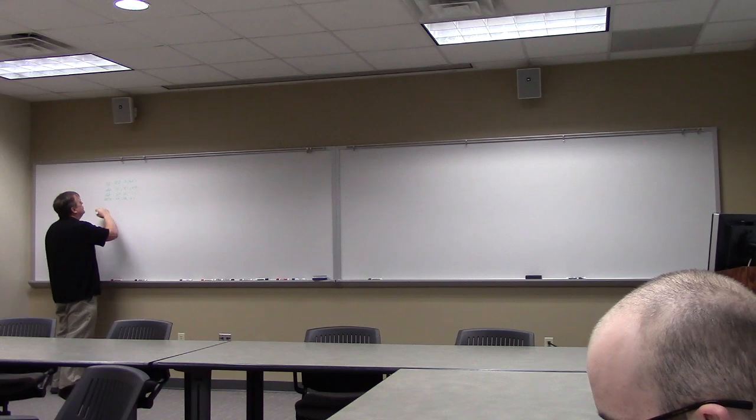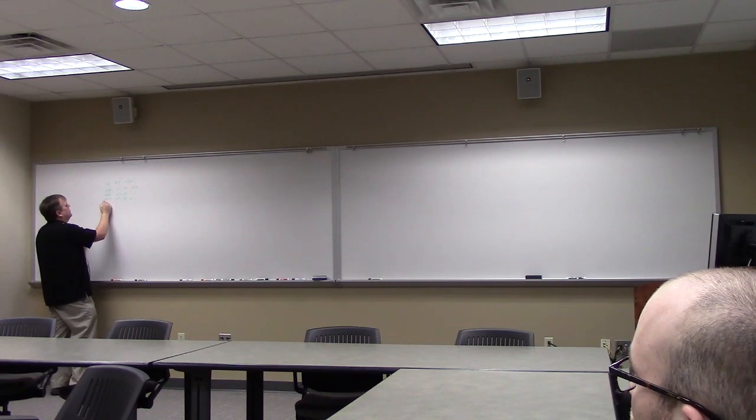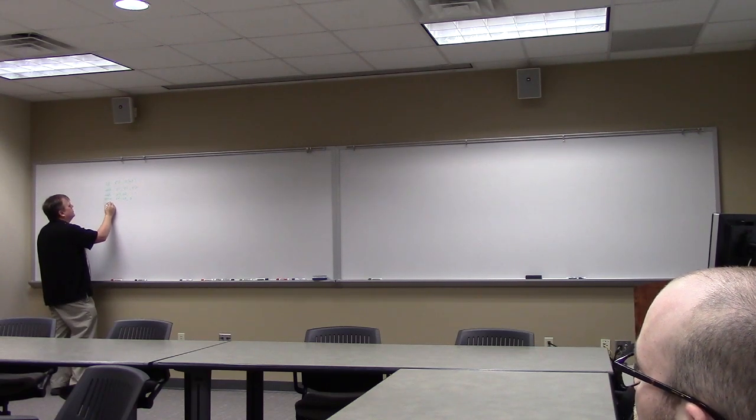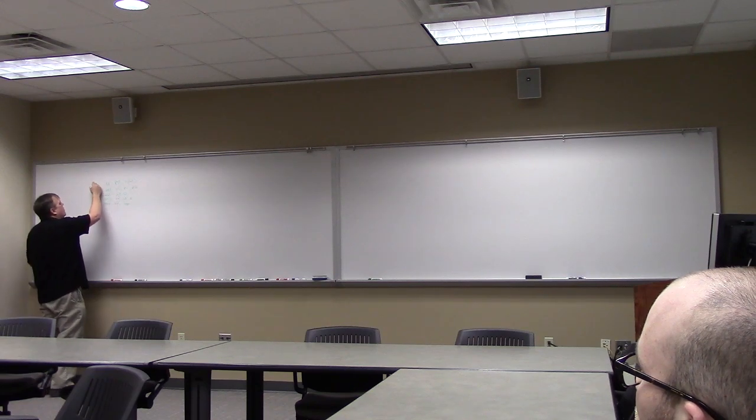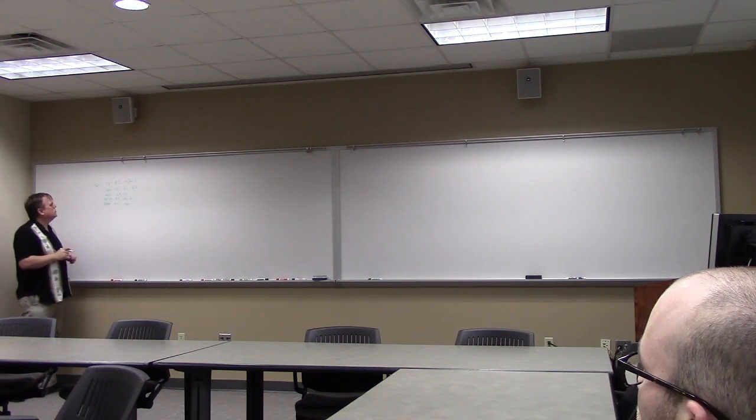We'll store that in T2, and branch if equal to 0 on T2. So consider this loop.